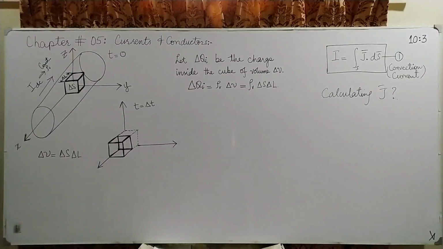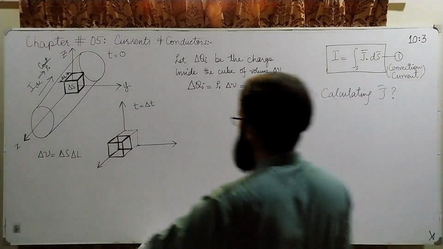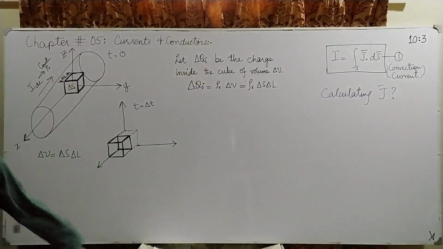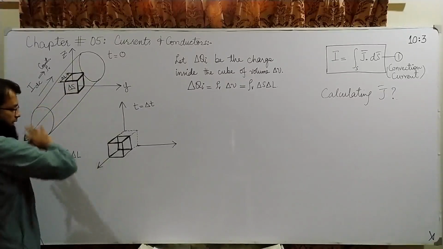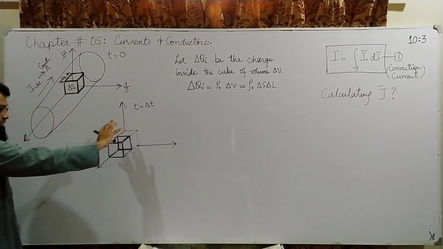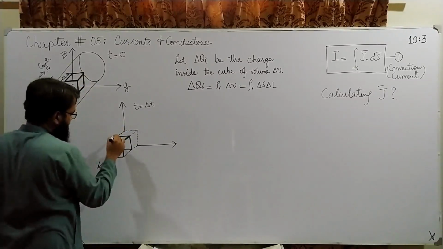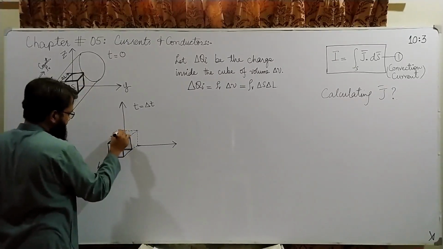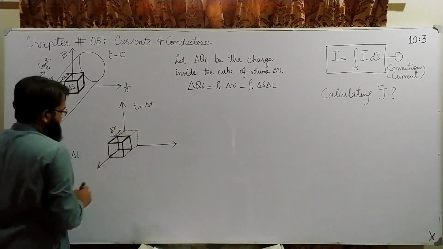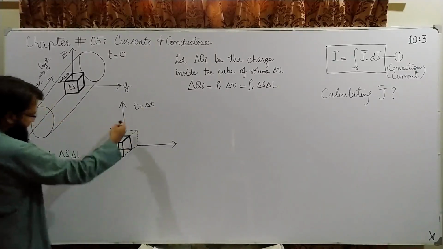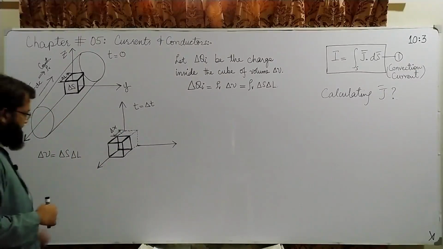So let's say after the time delta t, the box which was moving with the speed of the charges has moved a distance, let's say delta x. This is the distance which it covered.